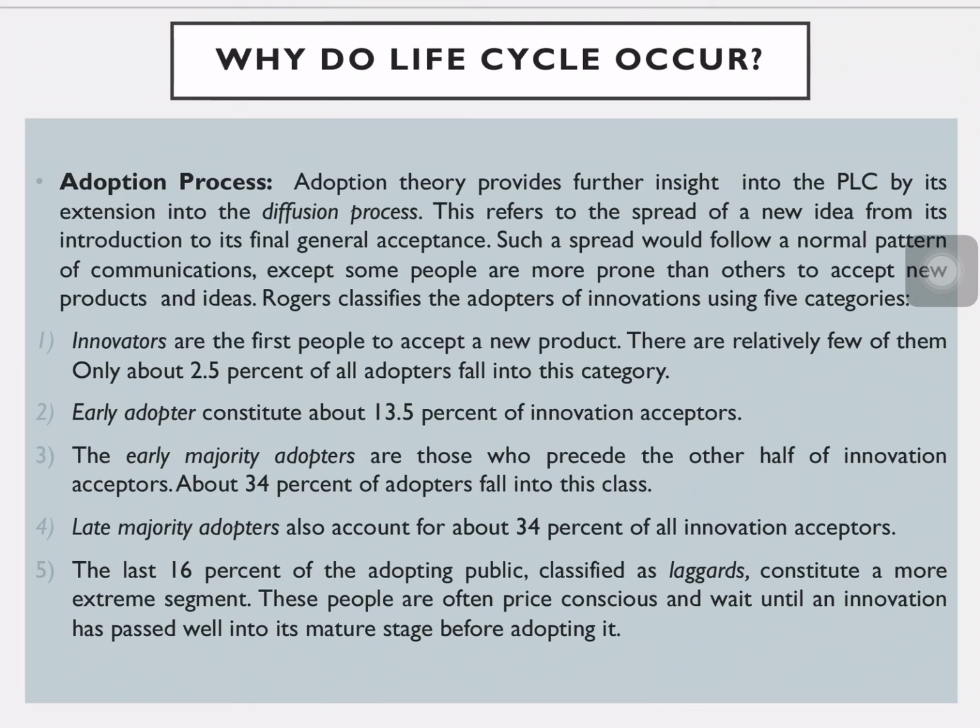Take an example of the iPhone. Suppose, recently, till now, the Apple company has launched iPhone 11. So when the product was launched, only 2.5% of the total consumers will be accepting it. And the laggards are the consumers who will be purchasing the iPhone 7, for example.